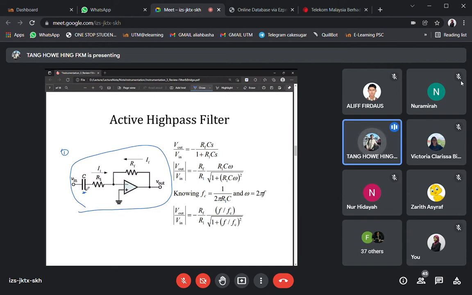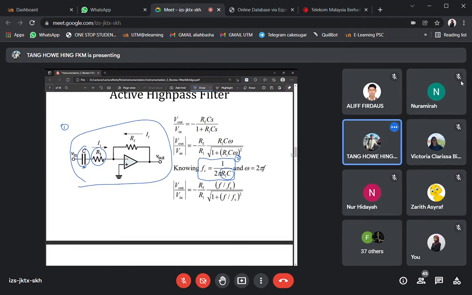For the cutoff frequency, the equation is also similar, but the only different thing is that the resistor and the capacitor now refer to the resistor R1 and C rather than the resistor in the feedback loop. So make sure you also memorize these formulas. And lastly, the transfer function for these high pass filters also needs to be memorized.